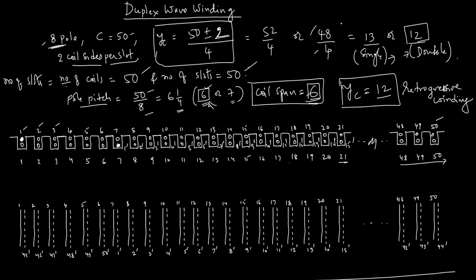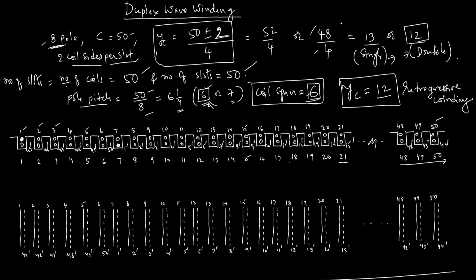Let me come from this side. This is 50 dash, 49 dash, and this is 48 dash, 47 dash, 46 dash, this is 45 dash, then this would be 44 dash, 43 dash, and this is 42 dash. Okay, so I have numbered all the coil sides, right?